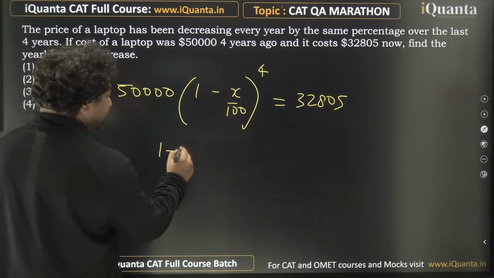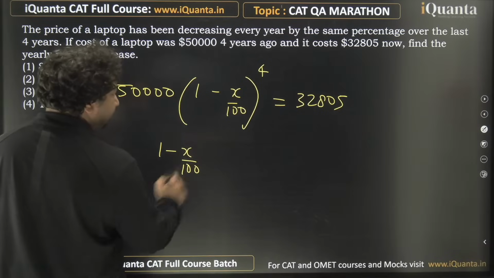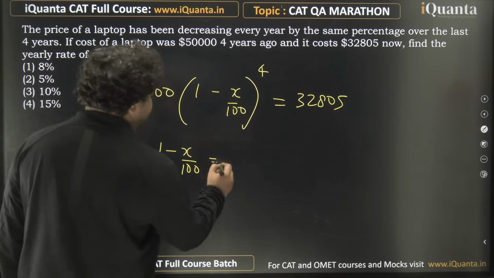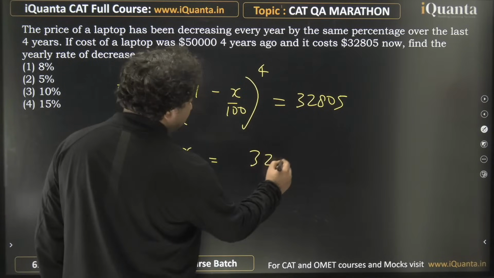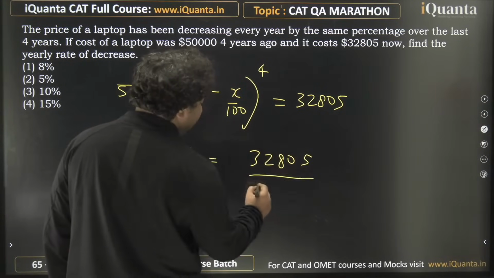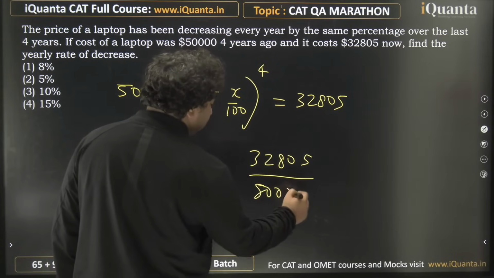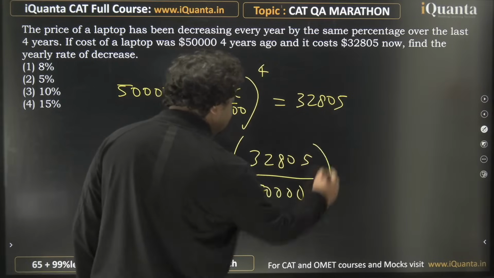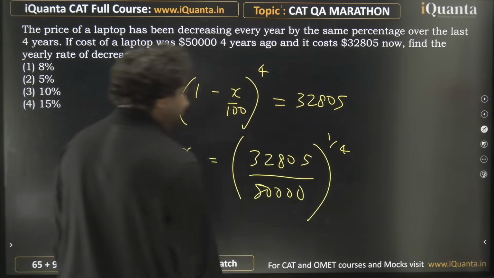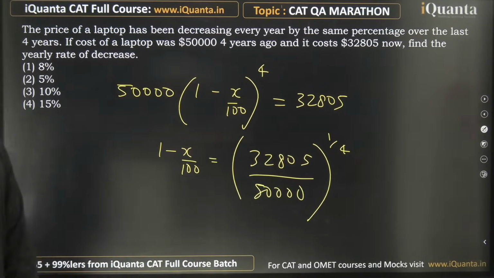So 1 minus x by 100 will be equal to 32805 upon 50,000 raised to the power 1 by 4. Let's simplify it. Okay, Prerna, got it.